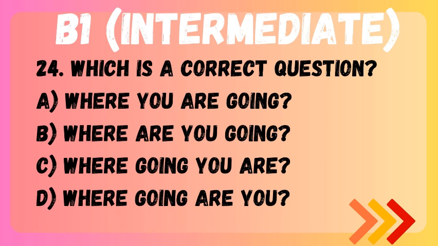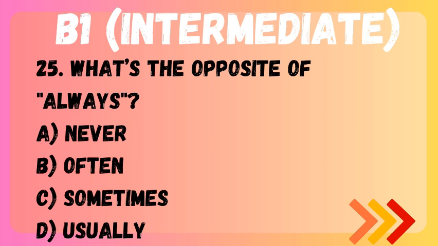C. Where going you are. D. Where going are you? 5, 4, 3, 2, 1. 25. What's the opposite of always? A. Never. B. Often. C. Sometimes. D. Usually. 5, 4, 3, 2, 1.